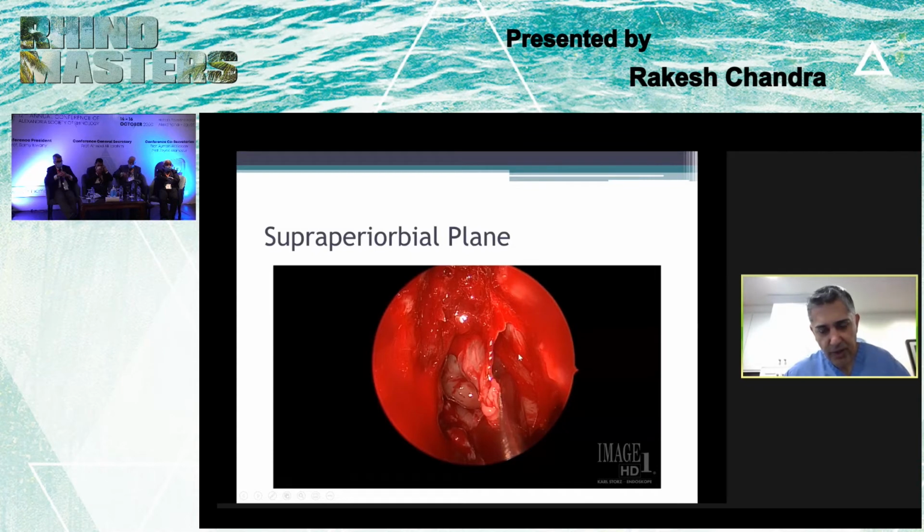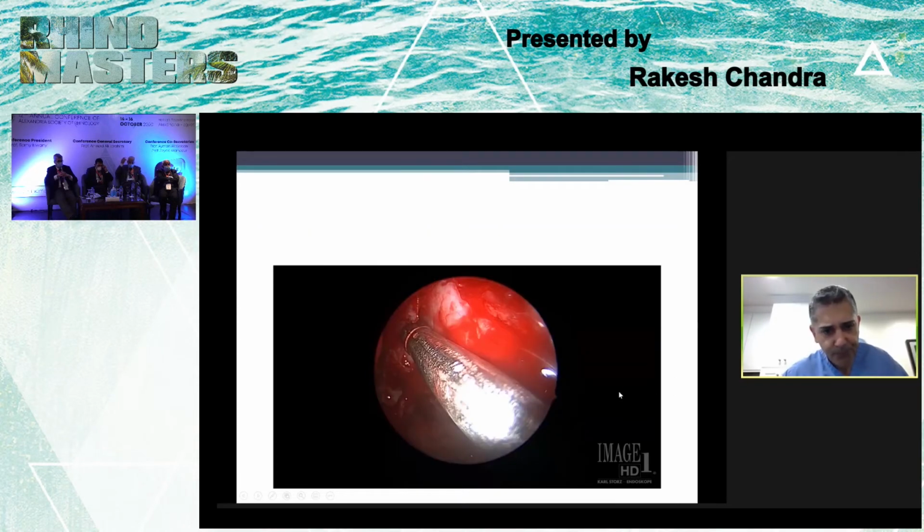We're dissecting so that the periorbita is here, the lamina with some overlying mucosa is there, and we're essentially moving the lamina from lateral to medial, away, and our trajectory of force is away from the orbital soft tissues and into the ethmoid cavity where we created this nice space.